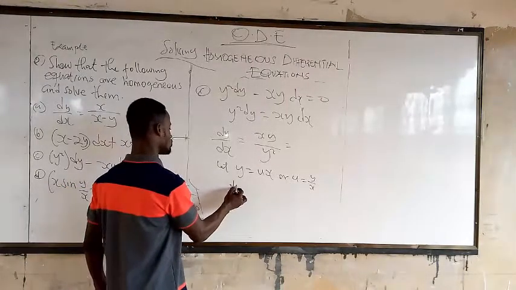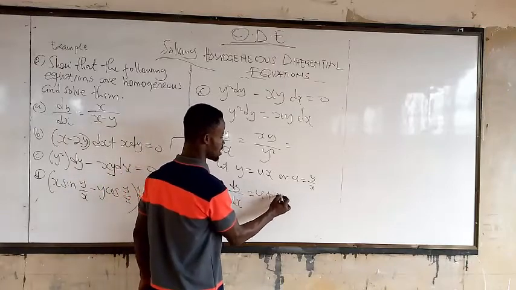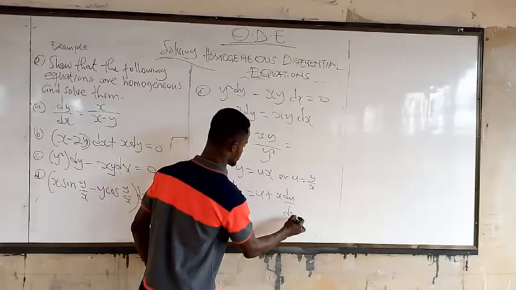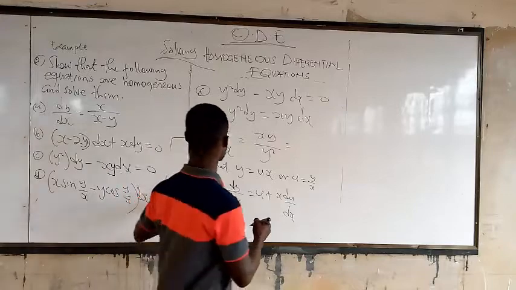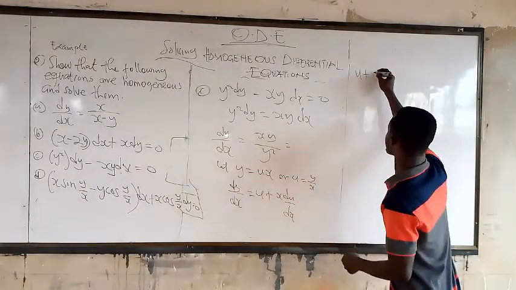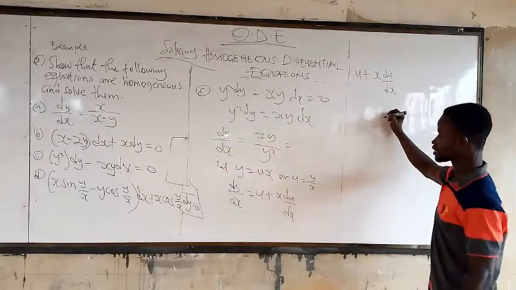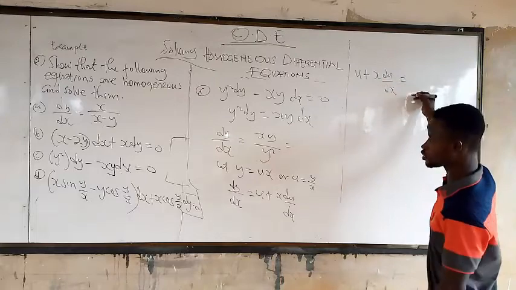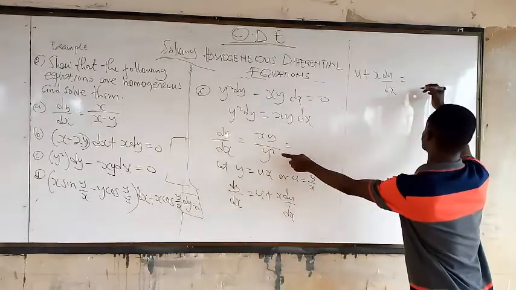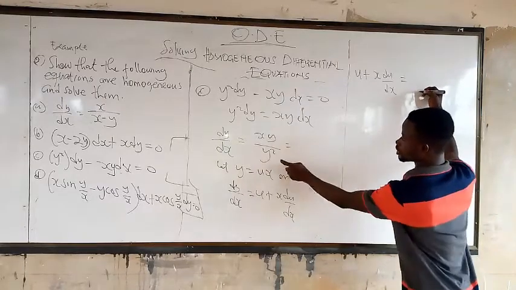So here, dy/dx, you differentiate this, you get u plus x du/dx. Alright? So by substitution to this side, we get u plus x du/dx, and this is going to be equal to this side.